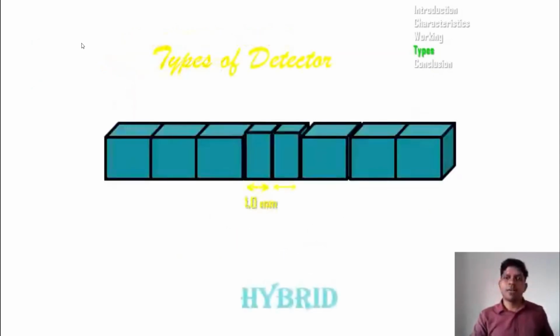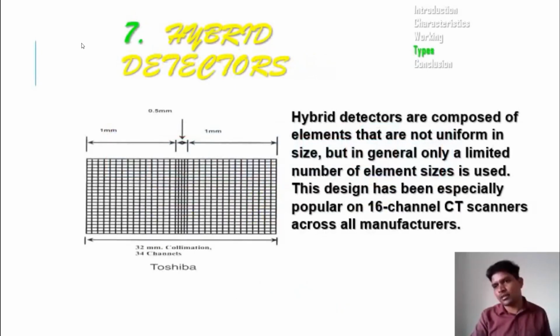Then later we came to the hybrid, where a similar pattern to the previous adaptive array system is used, but instead of 2.5, the thicker element is used at the periphery, and the center part is used with the thinnest one.